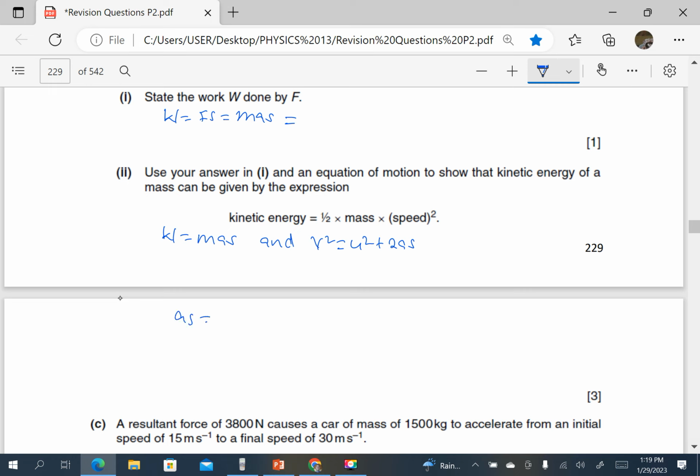So as is equal to v squared minus u squared divided by 2. So I substitute for work. This implies that work is equal to the mass times v squared minus u squared over 2, which is simply a half times m times v squared for u equals 0.